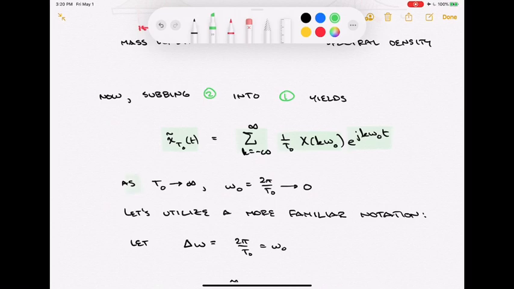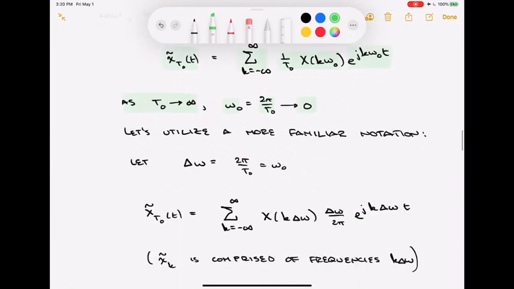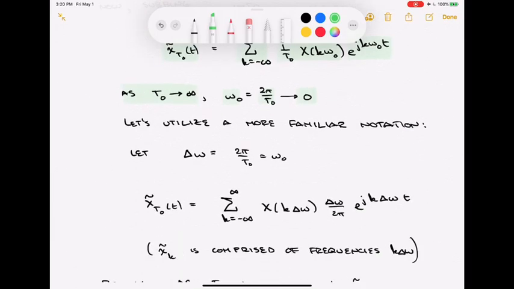We know as t naught goes off to infinity, omega naught, which is 2 pi by t naught, goes to 0. So there essentially is no fundamental frequency. That's no surprise because it's not a periodic signal anymore. If the period goes out to infinity, it's not periodic. Let's utilize a more familiar notation, something you should have seen in calculus. Let's call delta omega, 2 pi by t naught, this omega naught.